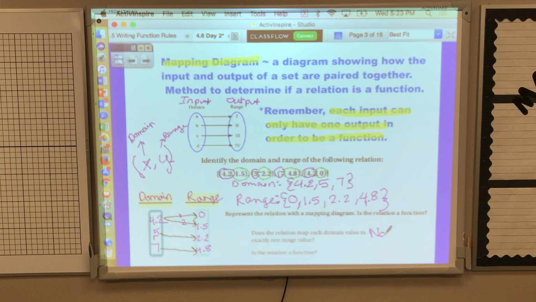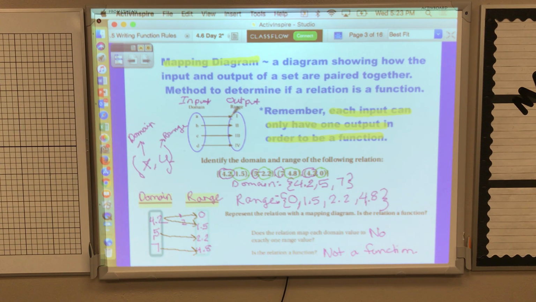The answer is no, because when I look at 4.2, it has those 2 arrows. And since that's a no, that tells us it's not a function. Okay, and the reason why is because the input of 4.2 has 2 outputs.